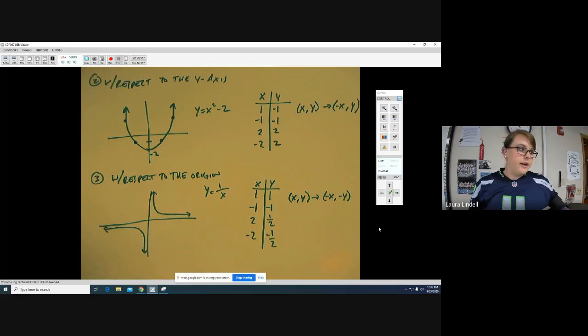And when we talk about symmetry, we also like to talk about things like functions being even or odd. So when a function has symmetry with respect to the y-axis, we would consider that to be an even function.